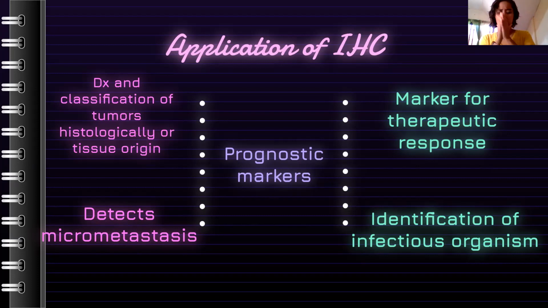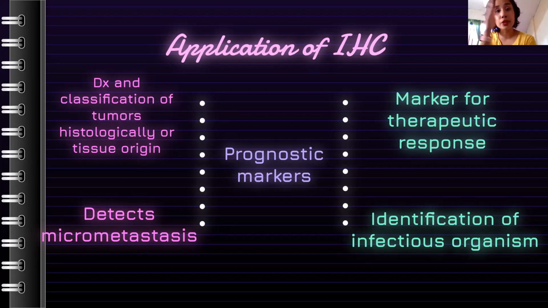Is it poorly differentiated? Pag poorly differentiated, guys, medyo malala na siya. Pag well differentiated, parang mababang grade pa lang siya. So yung mga grade 1 na tumor, hindi pa masyadong malala, 100 to 75% differentiated.